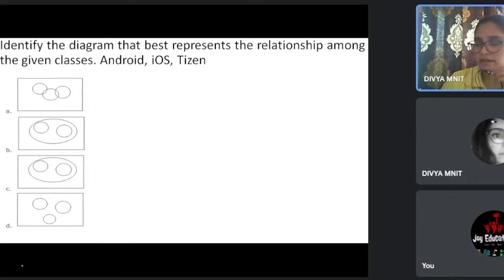You all know that these are companies, different companies. So according to you, what is the answer?